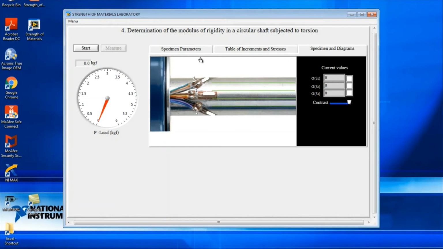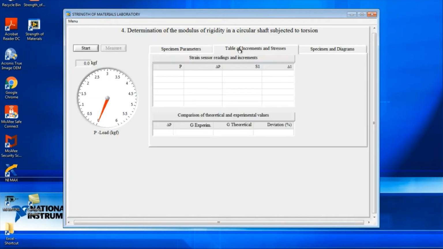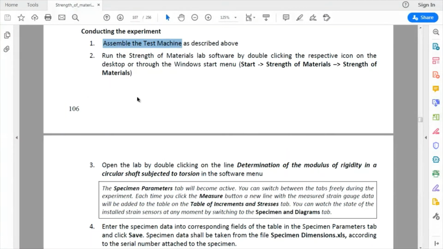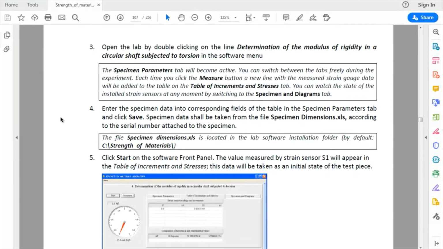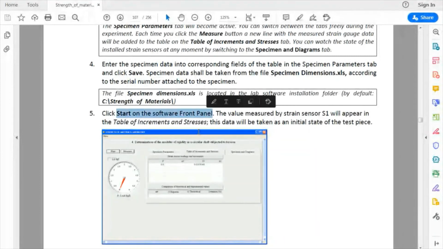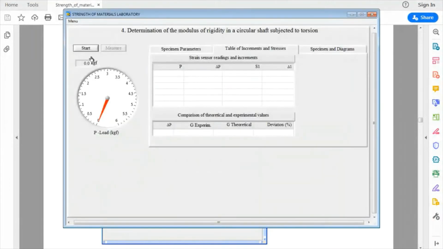Good. So if I go back to the manual, let's see step number 1. After we open the experiment, we need to start the software. So start. Now we are ready for performing the experiment.